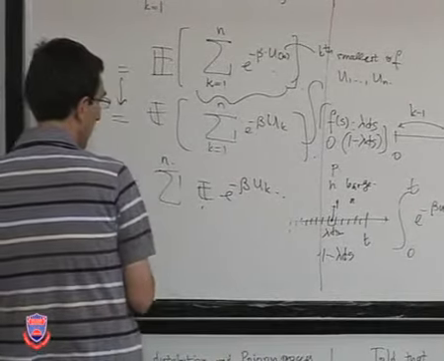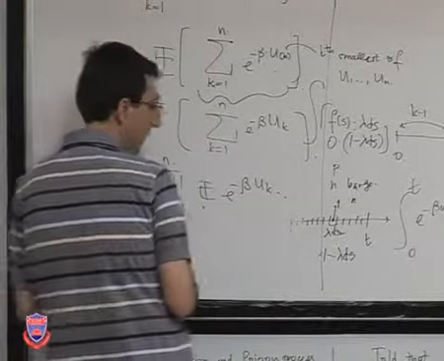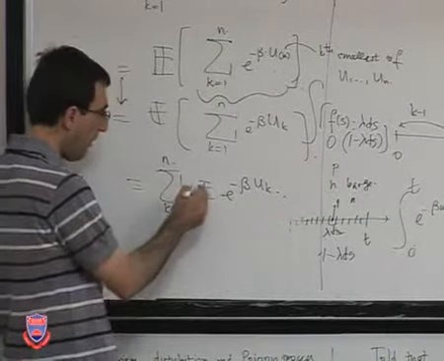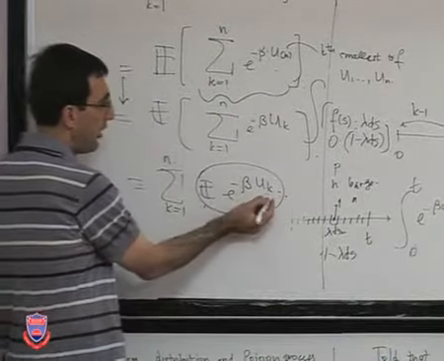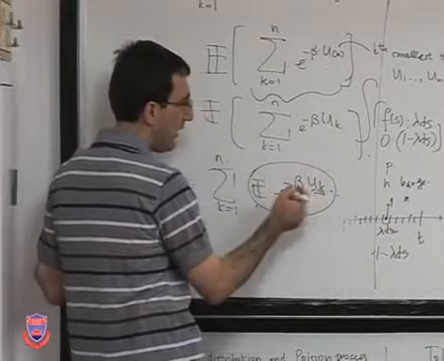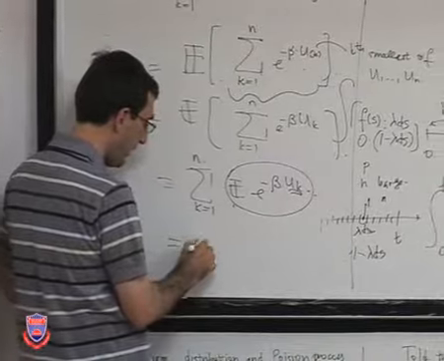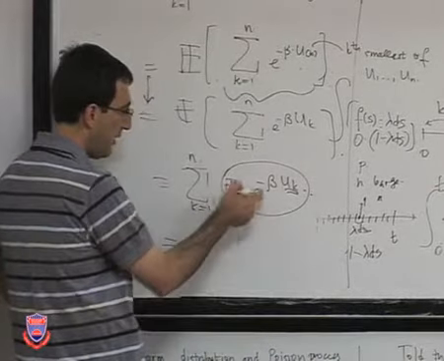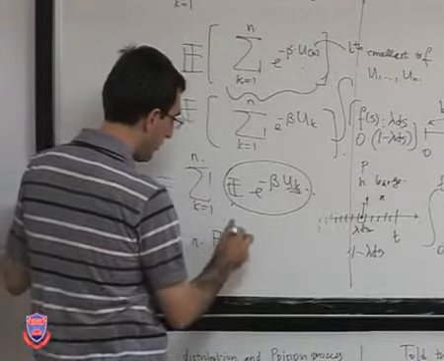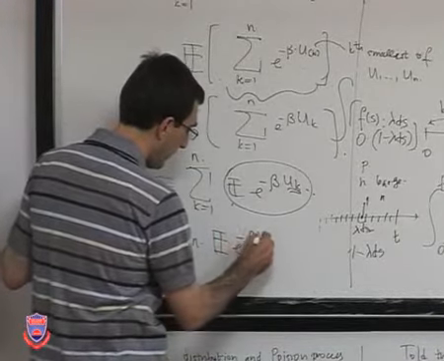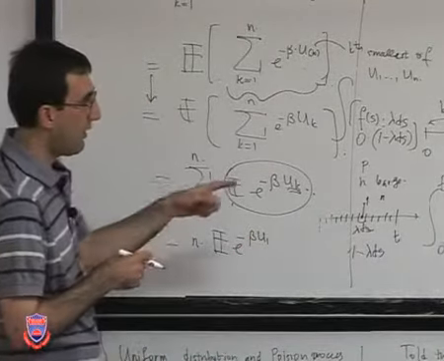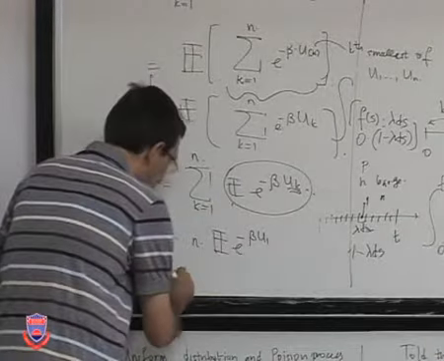Since the U_k all have the same distribution, these expectations are the same for each k. Therefore, we have n times the expected value of one of these uniformly distributed random variables, and why don't I just choose the first one, namely U_1? So this equals that, and now we have the result for this one.